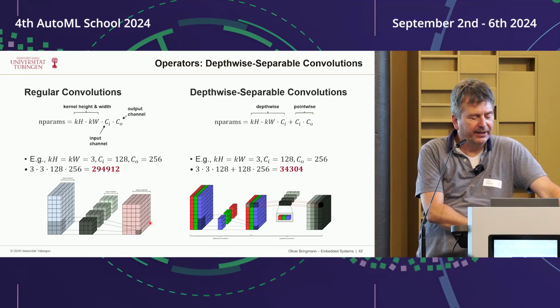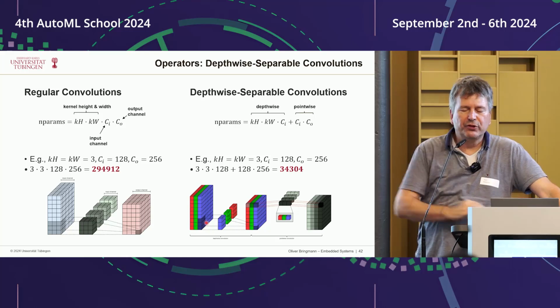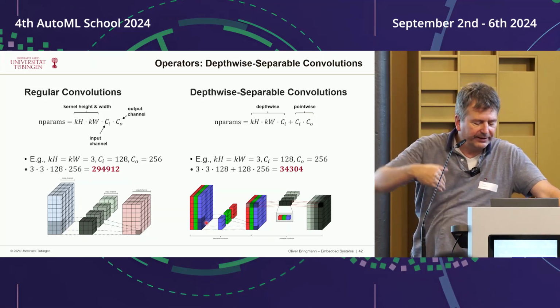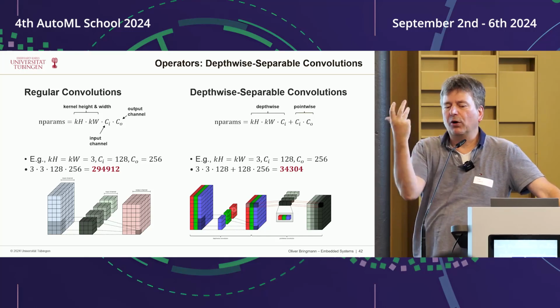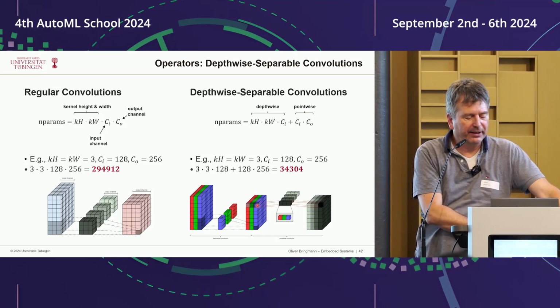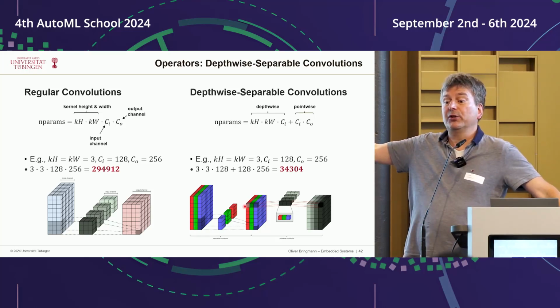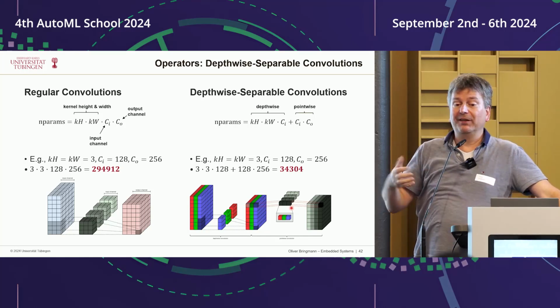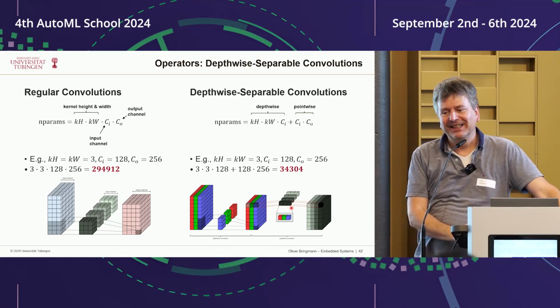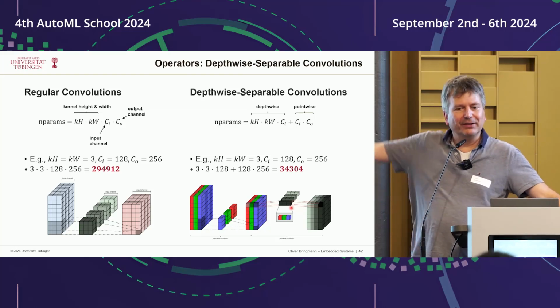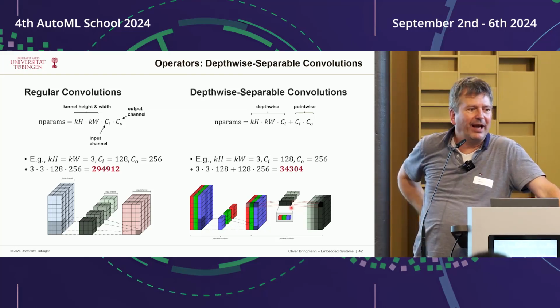Here the idea is to do the convolution separately for each channel, and then combine the result, applying a one-by-one convolution across the different output channels, and then hopefully I will end up with the same result. Actually, not really, but the results are very good in the papers.